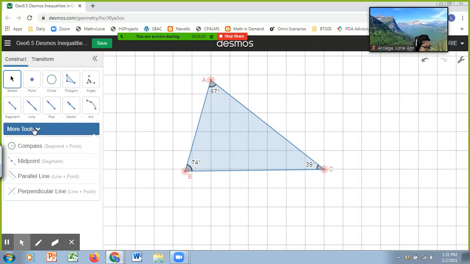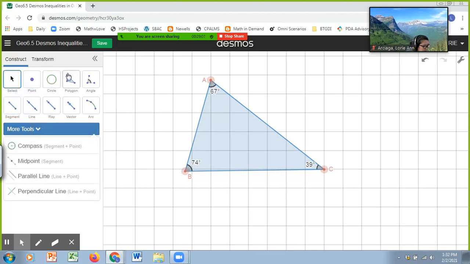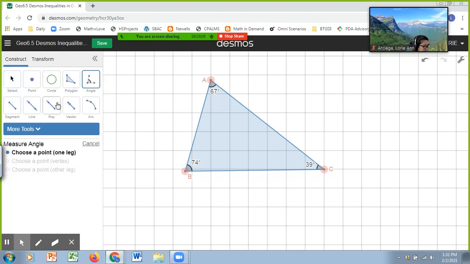Why is it not showing me? Can you help me? What did I do wrong? I'm trying to find the length of the side. Segment, point, okay. Measure angle. And the length, you just have to press the sides.